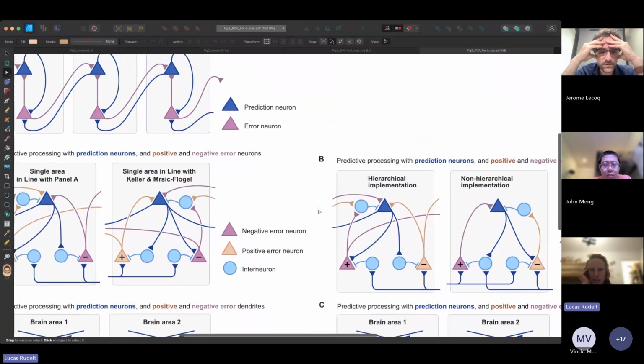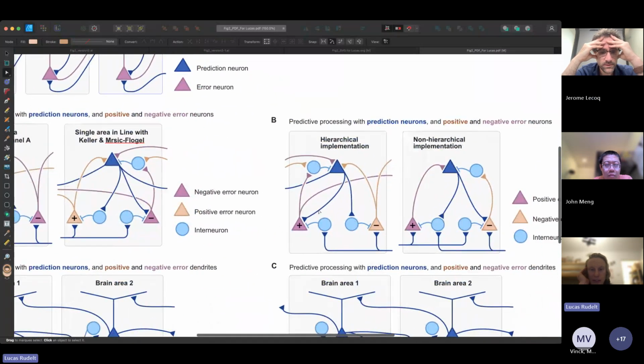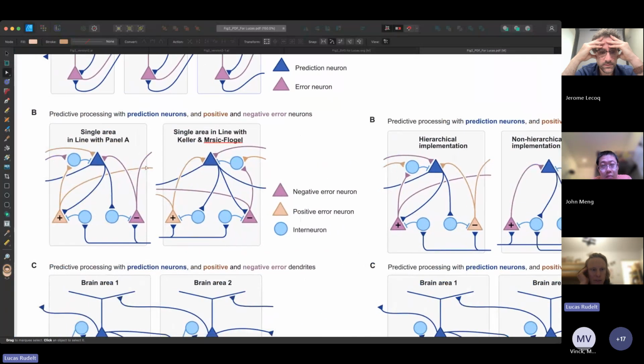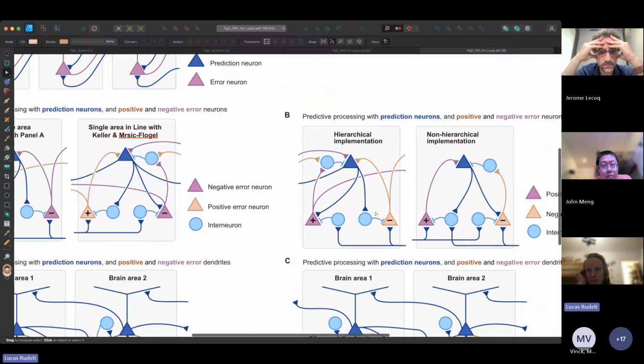Which one? So I guess she's referring to this version, and then here it's this version. The outgoing one, probably the collateral. Yeah, we could take them out.